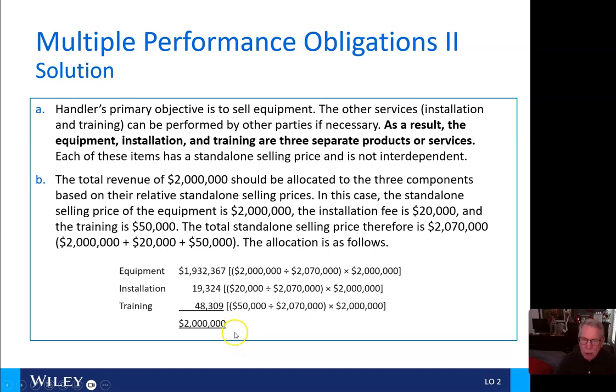So we'll allocate the $2 million as shown by taking these respective percentages and allocating them to $2,070,000. And that will result in $2 million total, which is what we actually received in revenue.